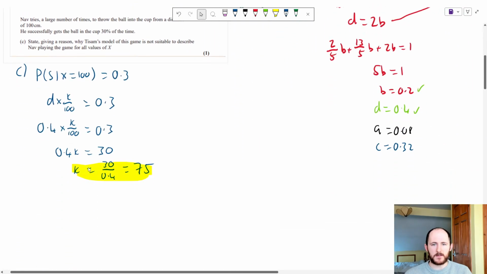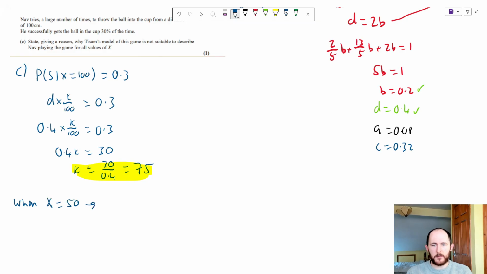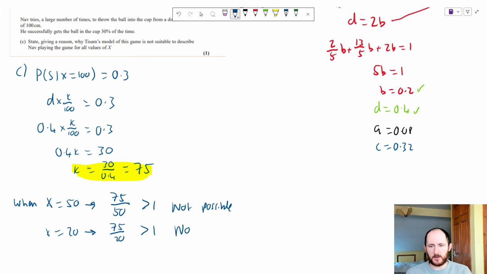So when X equals 50, then our probability becomes 75 over 50, which is bigger than 1, which is not possible. And this is also true when X is equal to 20, which is also bigger than 1, which again is not possible.